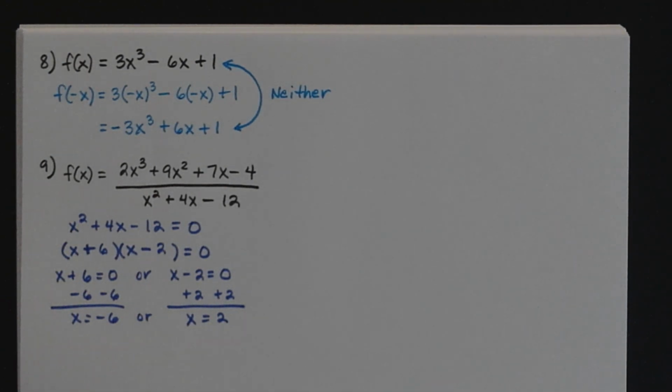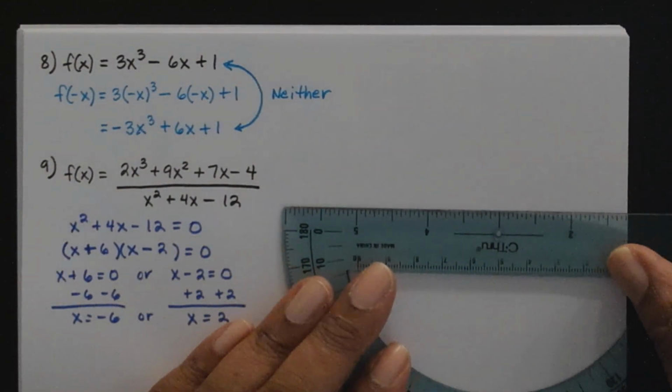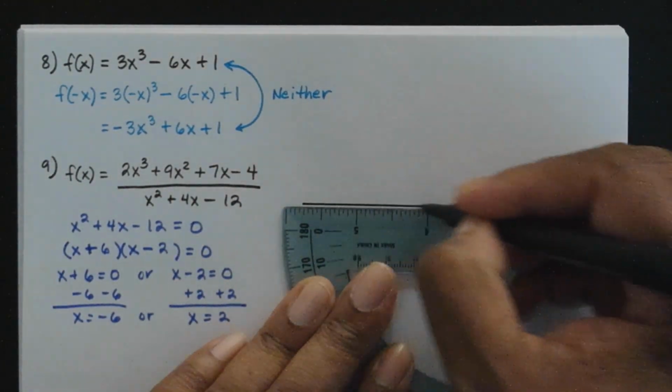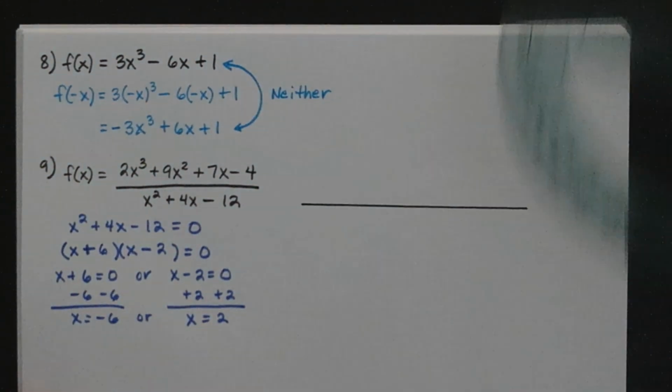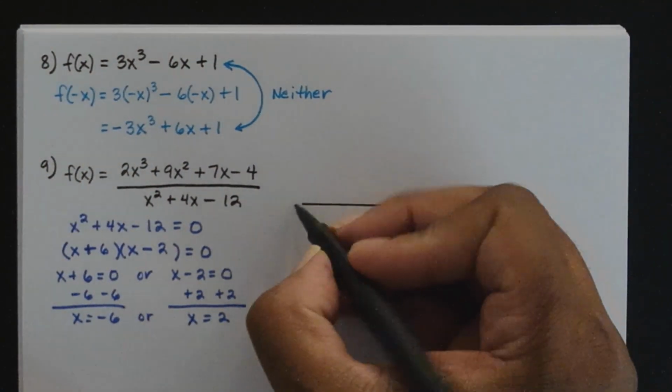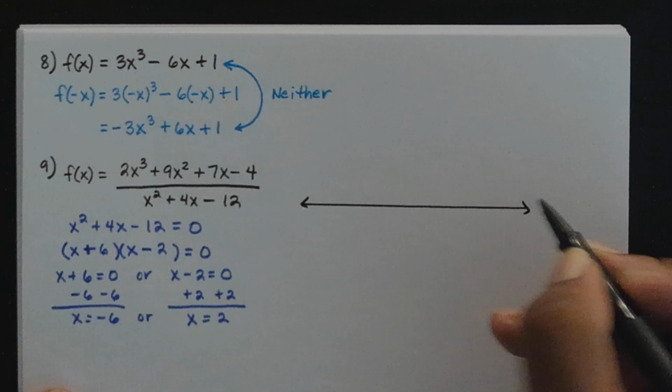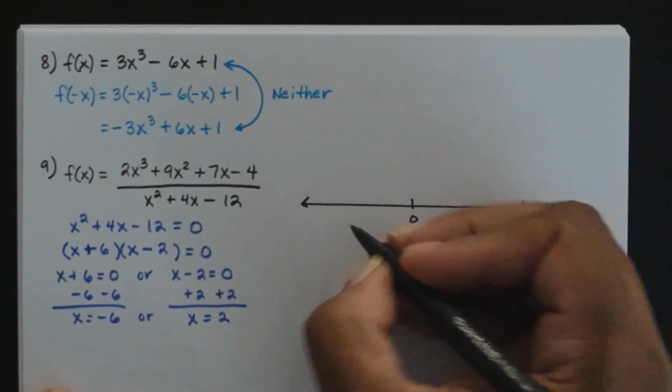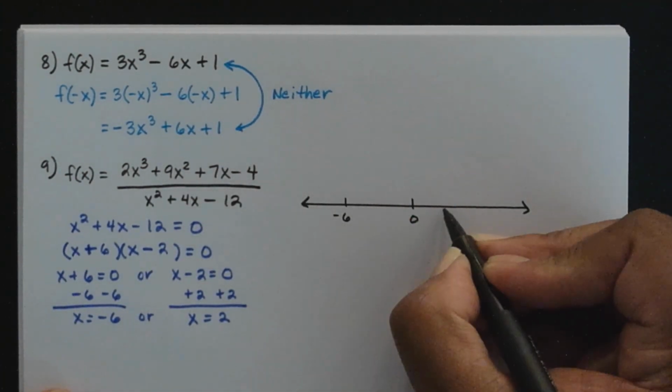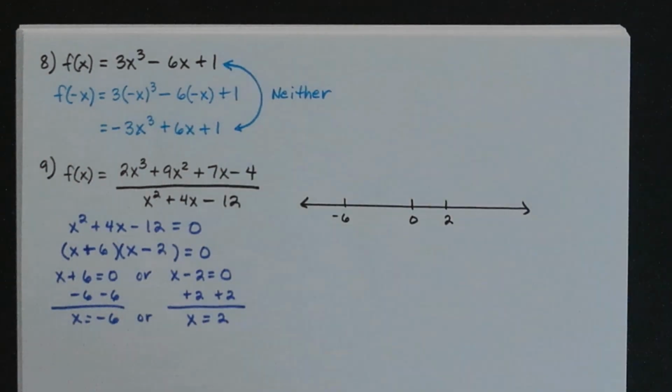Now, in the exam, you will be required to give your domain in interval notation. So, if this helps, and this is not necessary, you can draw a number line. Let's see, negative 6 will be here, on the left of 0, and 2 will be to the right of 0. As we know, at negative 6 and 2, I will get zeros in the denominator.